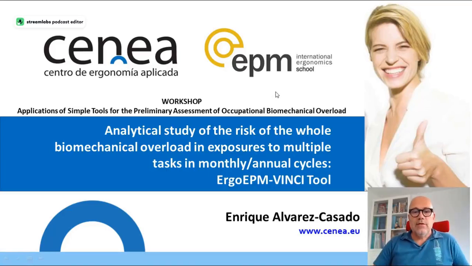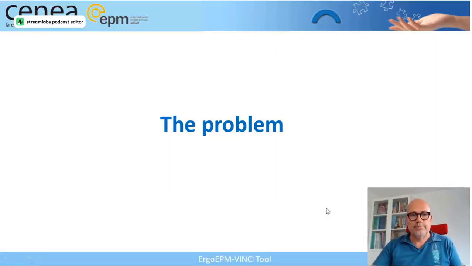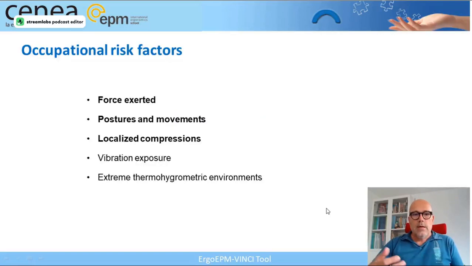My presentation. I'm going to start by posing a problem. We all know that the main occupational risk factors that can lead to musculoskeletal disorders due to possible physical overexertion at work are the following.